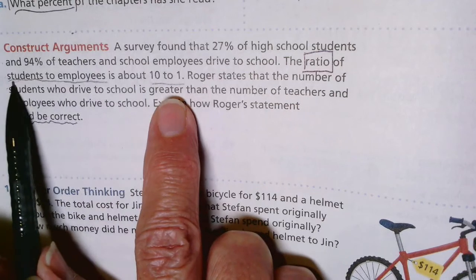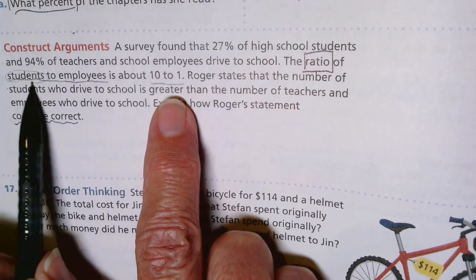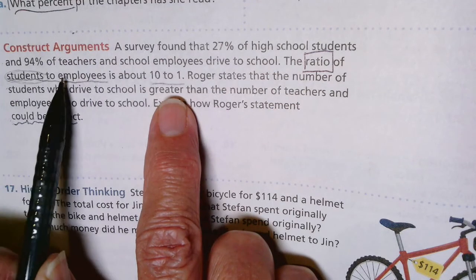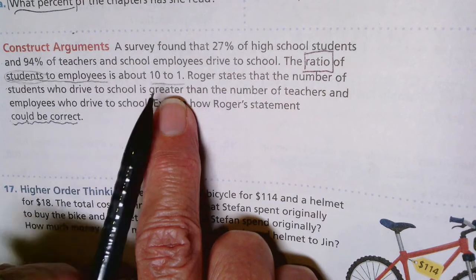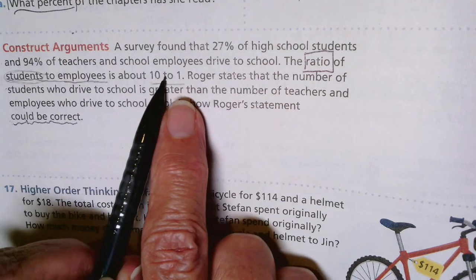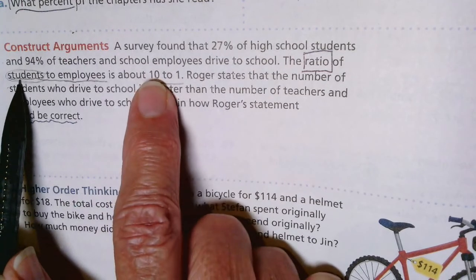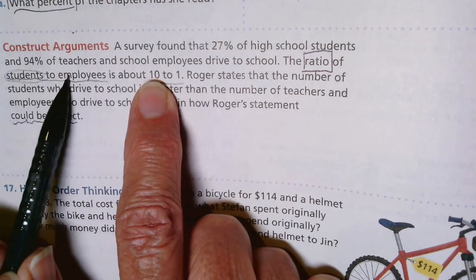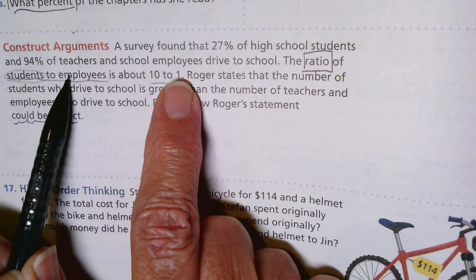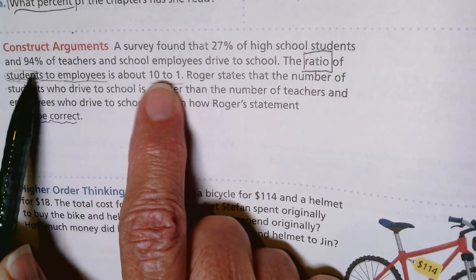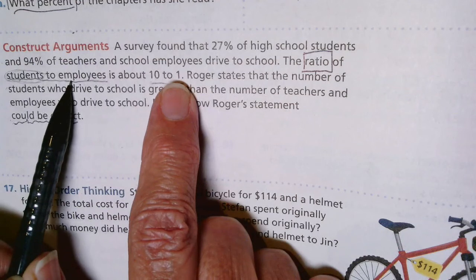So when the word students comes first, when we're talking about the two entities in the ratio, students and employees, and then the ratio itself, 10 to 1, the first word relates to the first number and the second word relates to the second number. So for every 10 students, there is one employee at this particular high school. So we're going to represent that on our paper as well.